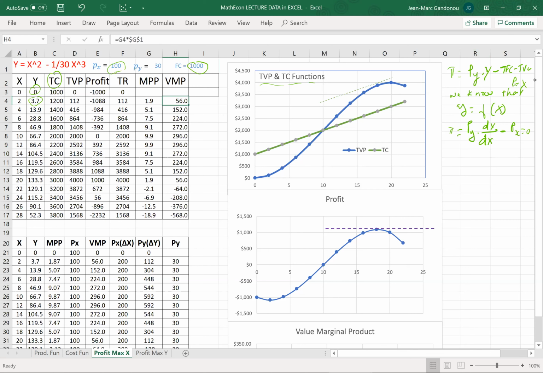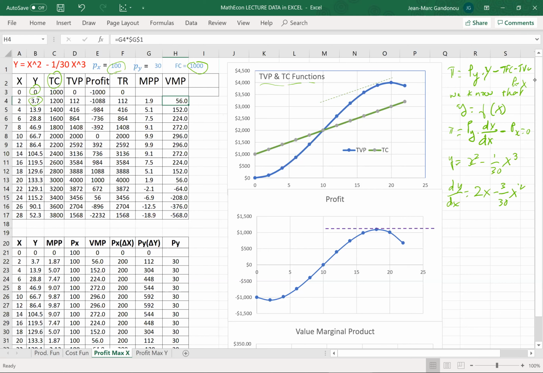So that's the slope, and we need to set it to 0 to derive the profit function. If we use our same example, our same function that I wrote down earlier, y equals x squared minus 1 over 30 x to the power 3. So dy over dx is going to be 2x minus 3 divided by 30 times x squared, right?